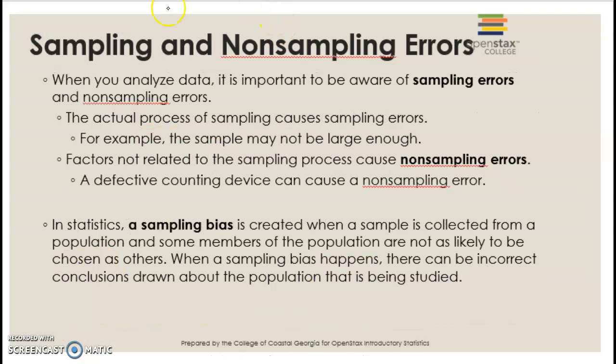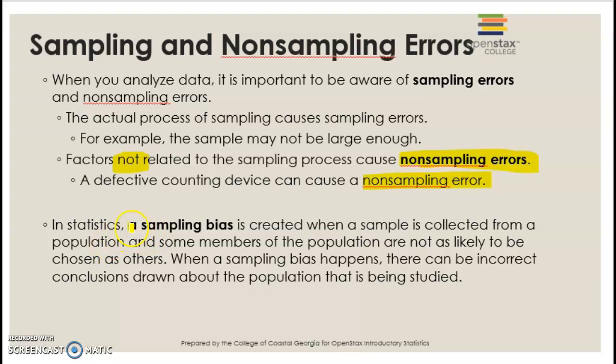Okay. When you analyze data, it's important to be aware of sampling errors and non-sampling errors. The actual process causes some errors. It may not be large enough. Factors not related to the sampling process cause non-sampling errors. A defective counting device can cause a non-sampling error.